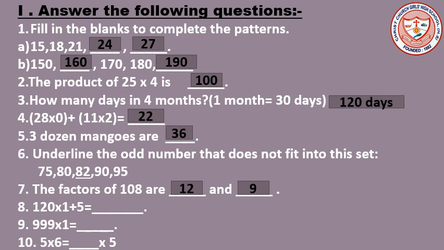The answer will be the same number. Okay, so 120 into 1 gives us 120, and then we are going to add 5 with that. That means 120 plus 5. So what will be our final answer? Yes, our final answer is 125. Okay.